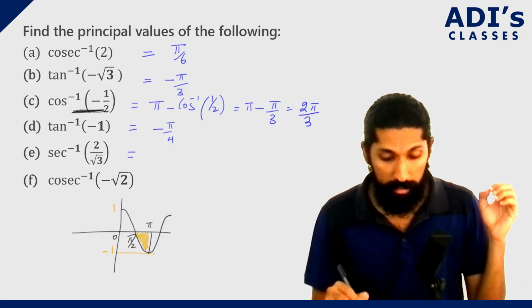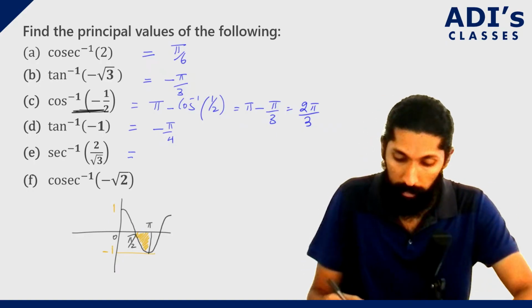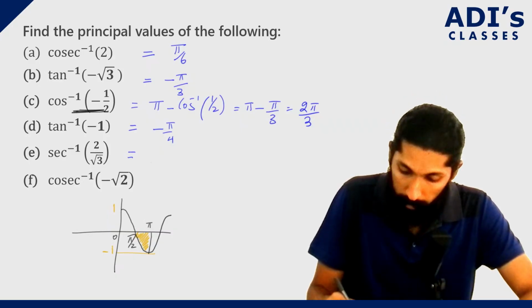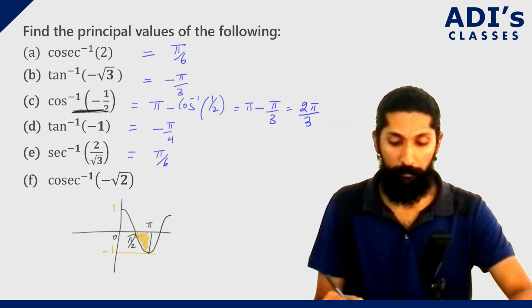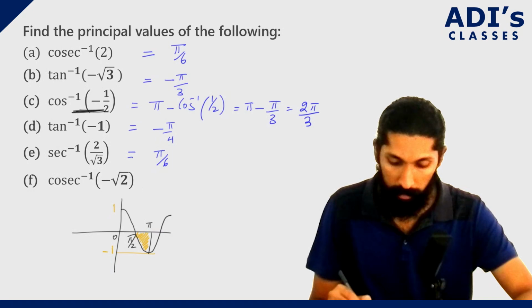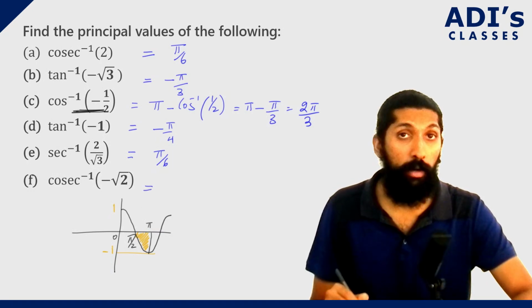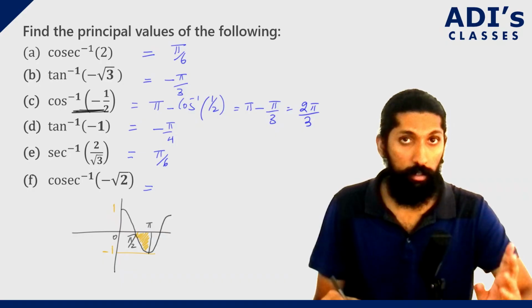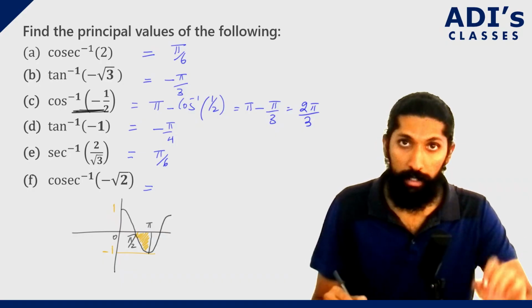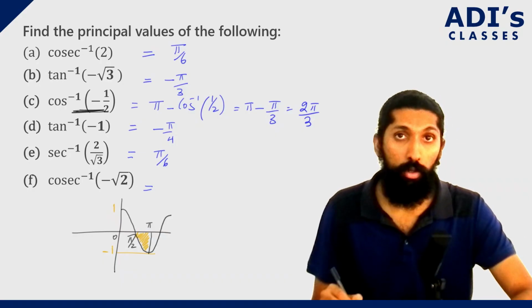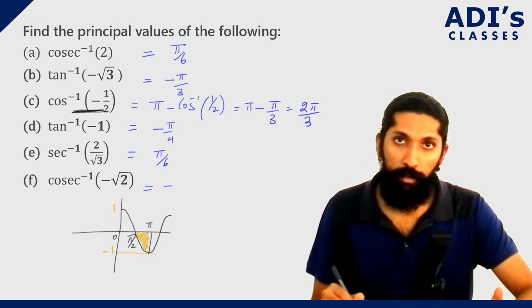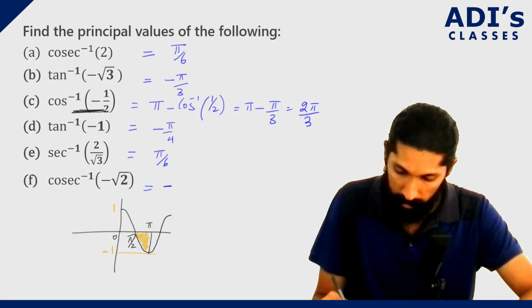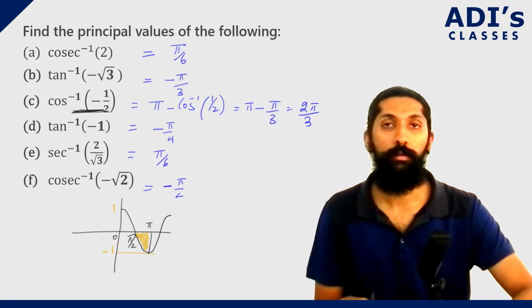That means secant inverse of 2 by root 3 is going to become pi by 6. Fair enough? And the last one, cosecant inverse of minus root 2. First it is negative, minus, and root 2. So for what value? It's for 45, right? So minus pi by 4.